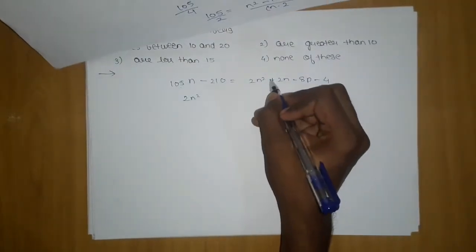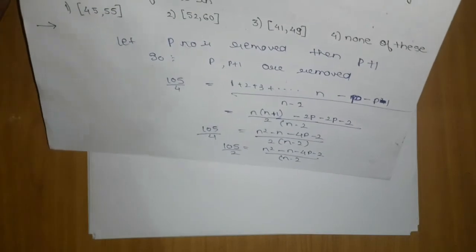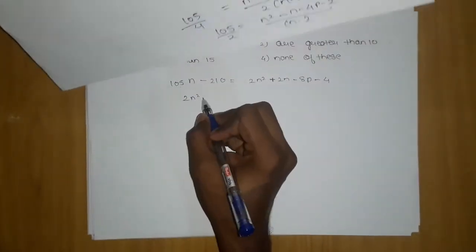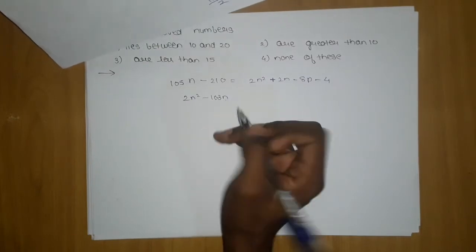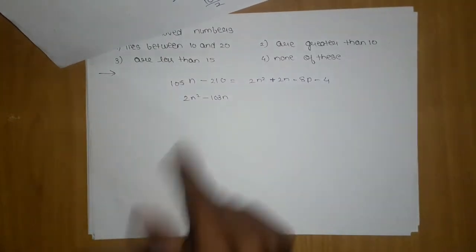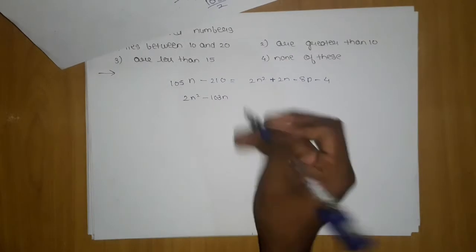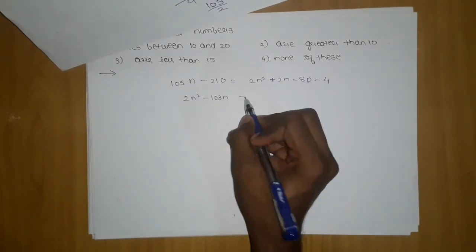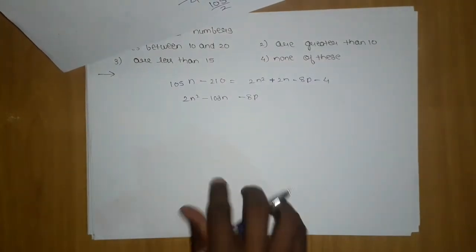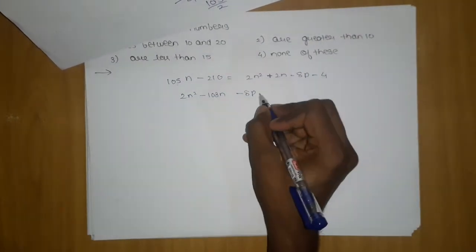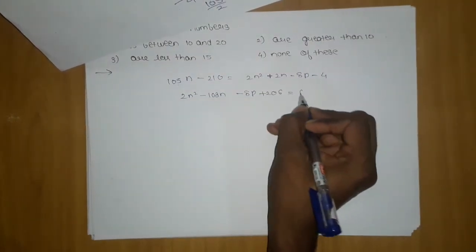This will be plus n into n plus 1 by 2. N into n minus 1 will be wrong. So n into n plus 1 by 2, so this will be plus. When I move it, it becomes 103n. And if I move this thing further, minus 8p will be still there, and I will be left with plus 206 equals to 0.